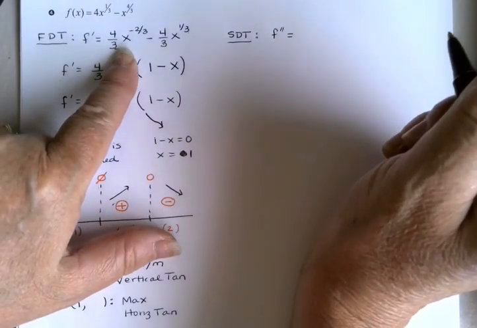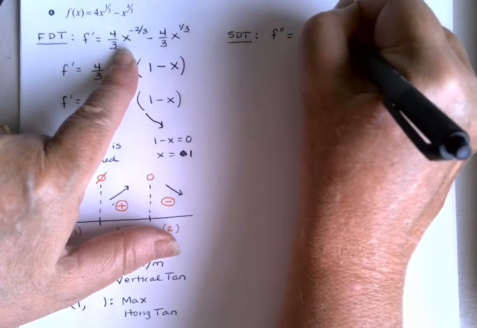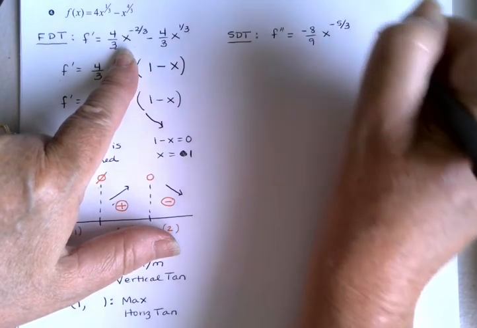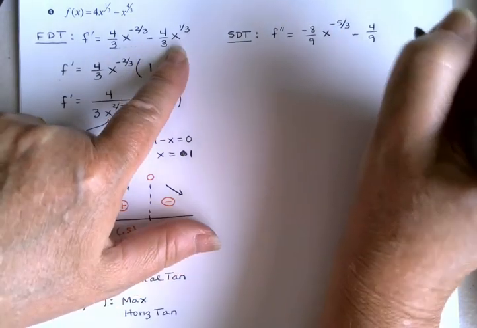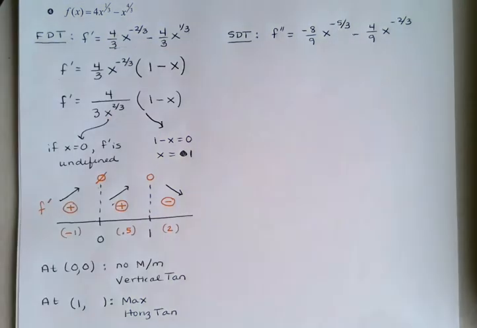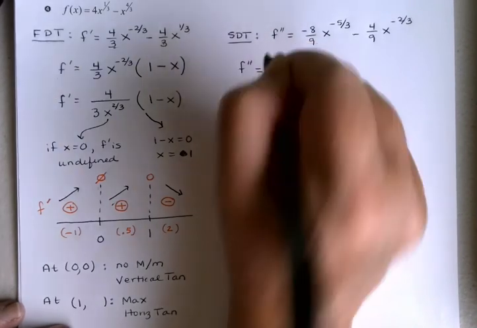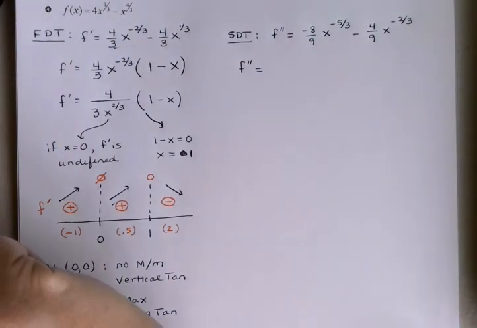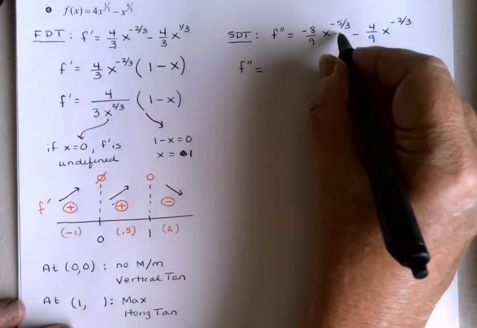Starting from here, I would have negative 8/9 x to the negative 5/3 minus 4/9 x to the negative 2/3. And once again, I'm going to go ahead and factor out the smallest power of x, which would be the x to the negative 5/3.